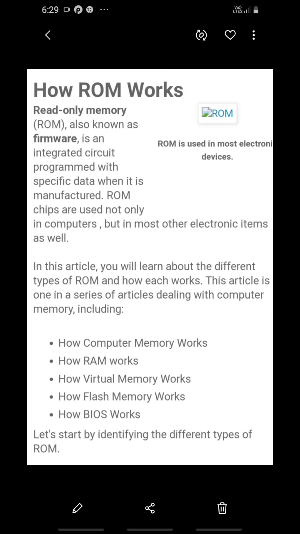Today I am going to explain the working of the diode ROM. ROM, sorry, ROM stands for read-only memory. It is the simplest kind of memory. It is equivalent to a group of registers, each permanently storing a word.